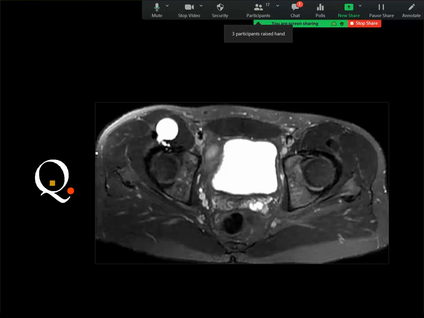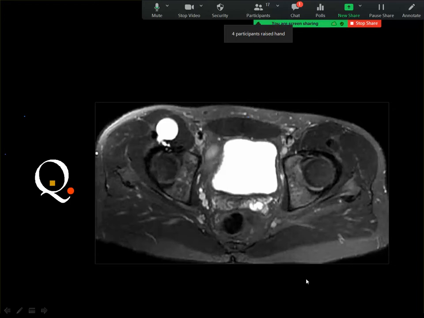I cannot hear the answer, of course. Okay, what do you think about this MRI of the hip joints? Ganglion cyst? Where, ganglion cyst? Bursitis. Which bursa? Psoas.